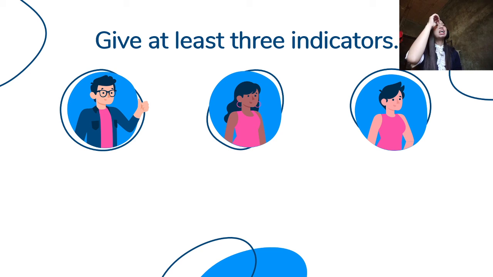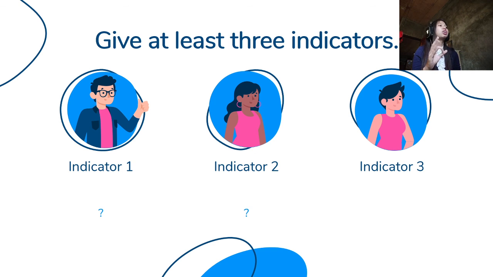Okay, so now it's your turn, especially for my classmates. I want you to give at least 3 indicators. So I've discussed a lot of indicators to you, okay? So you could pick 3 from those, or you might also want to add something that I have not discussed yet. So it could also be that way. So again, 3 indicators: your indicator 1, your indicator 2, your indicator 3.